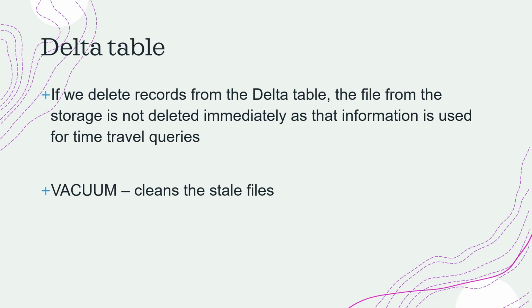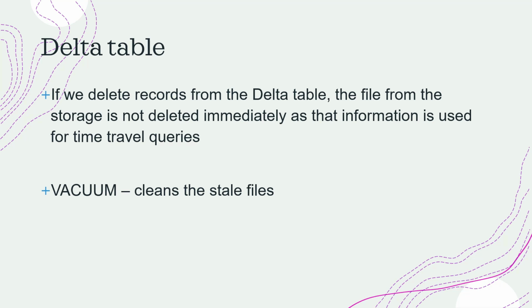You can go back in time and see what data was stored, because there is an entire transaction log and the actual data is not getting deleted immediately. The only way to clean up these data files which were deleted, or the stale data, is by using a vacuum command. Otherwise this data is maintained, and one of the good features that delta table provides is time travel queries.